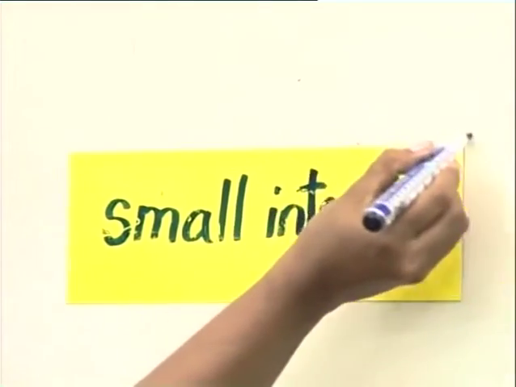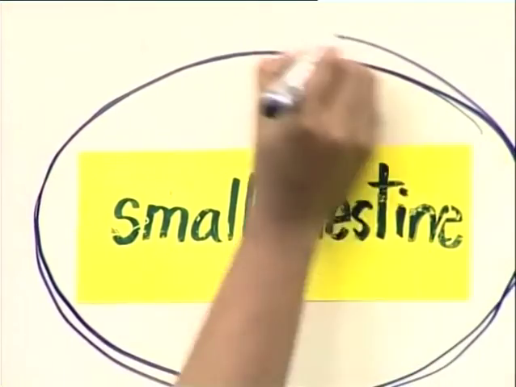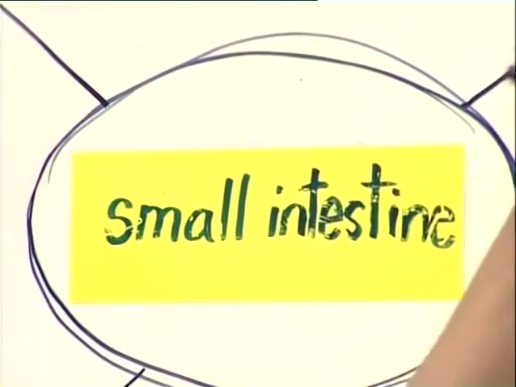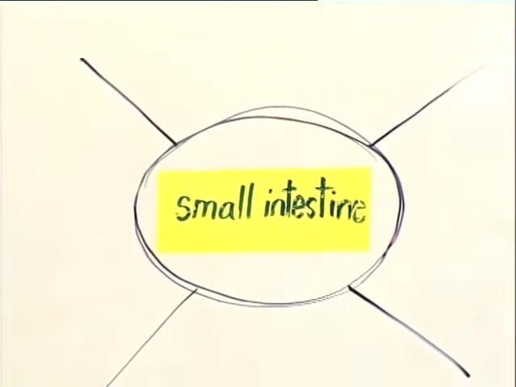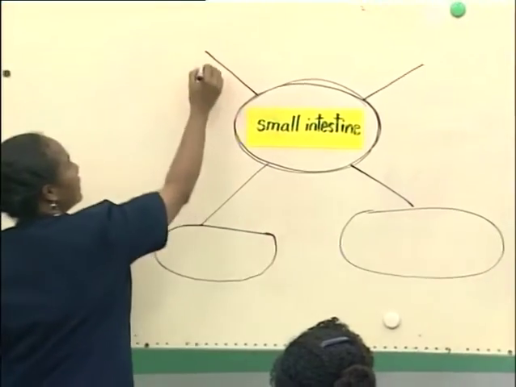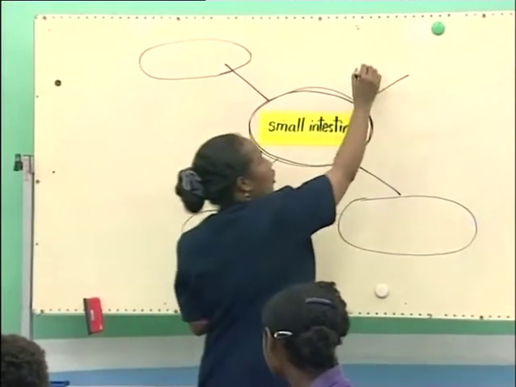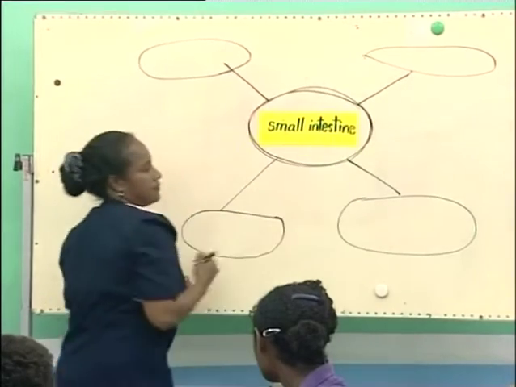So this is the main concept, which is the small intestine, and then we should have some lines drawn out this way, and these lines will have your ideas relating to this word small intestine. Okay, so on your A3 paper, I'd like you to do something like this.